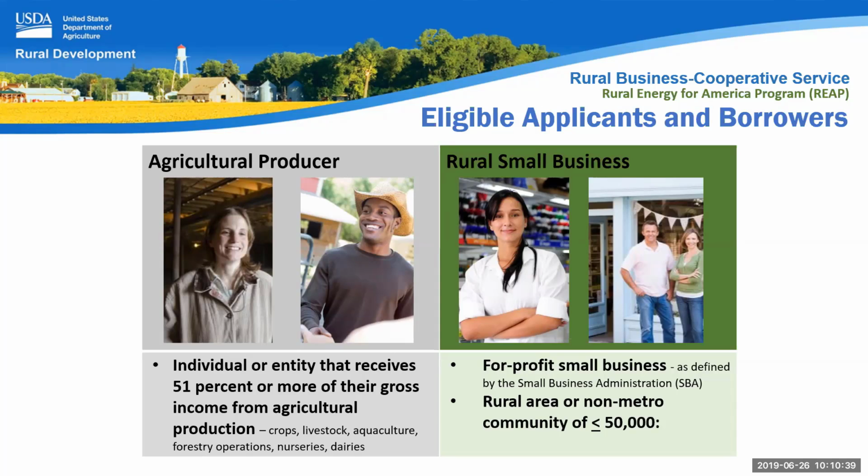And then the second definition you have to meet is your project has to be located in either a rural area or non-metro community. We define that as being in a town or city with a population of 50,000 or less. There's also a link on our USDA website where you can go and type in a physical address and get an instant determination on site location eligibility. So that can be a really helpful tool.